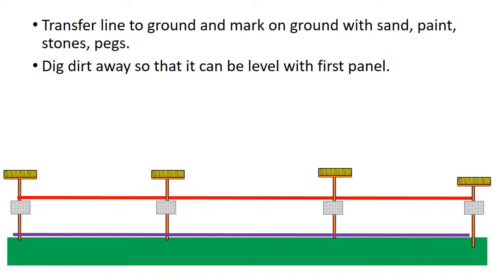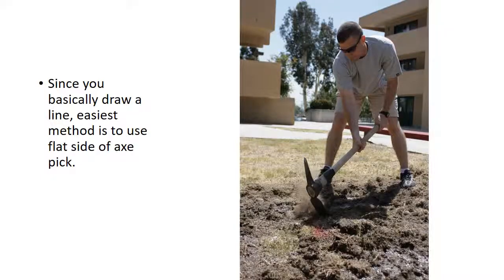You do not need to dig away a whole bunch of it. You just need a line for the panel to sit and lay on. For that purpose, the easiest and best method is simply the flat side of an axe pick.